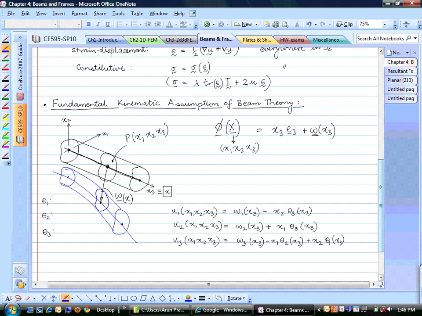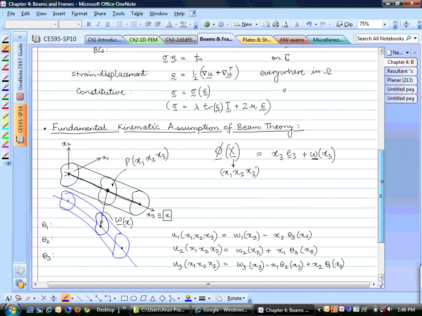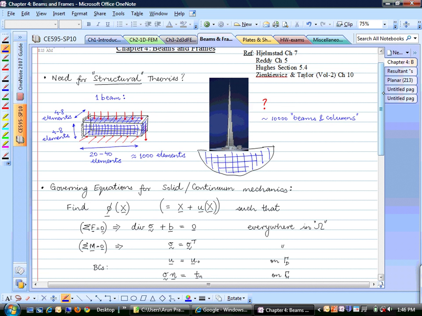The fundamental assumption in beam theory, which you might have actually studied, is that if you have this center line and you bend it, we assume that each and every cross section along that beam is a rigid cross section. So when you think of beam theory, the picture that should come to your mind is a beam with infinitely many rigid cross sections all along the length of the beam.